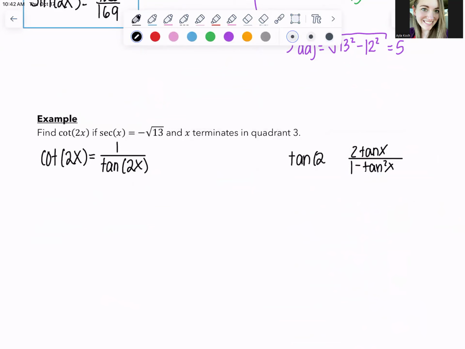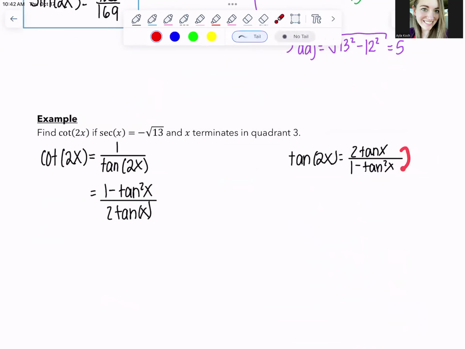So that'll be 1 minus tan squared x over 2 tan x. 1 over is the same thing as taking the reciprocal.